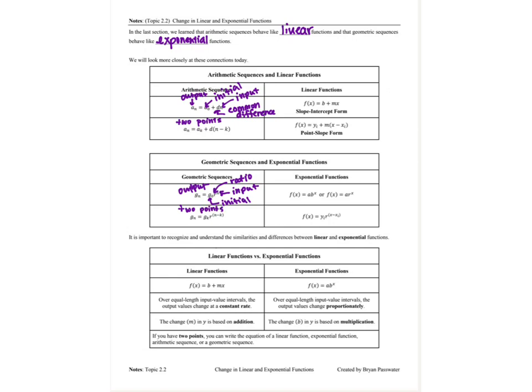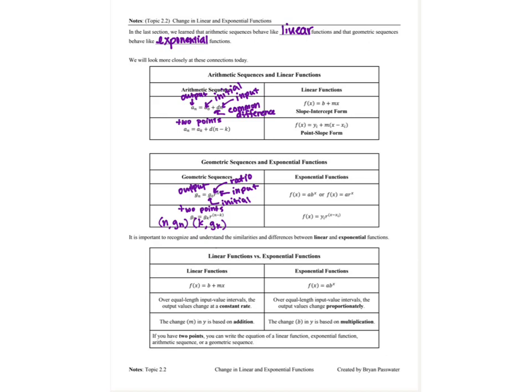If they give me 2 points but not R, so they may give me a point n comma G sub n and k comma G sub k, we can plug and chug whatever information we've got. We can find R, and then we can write the expression. This is if they give me 2 points.